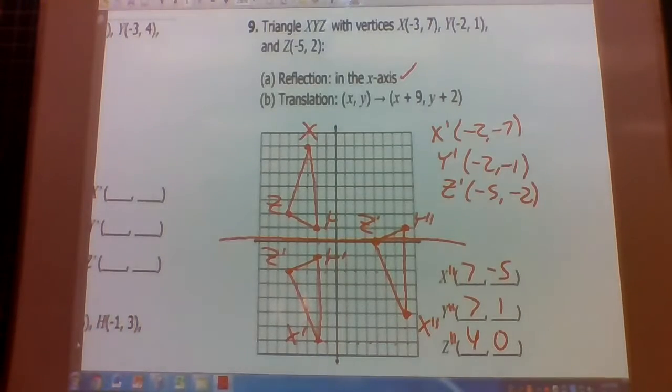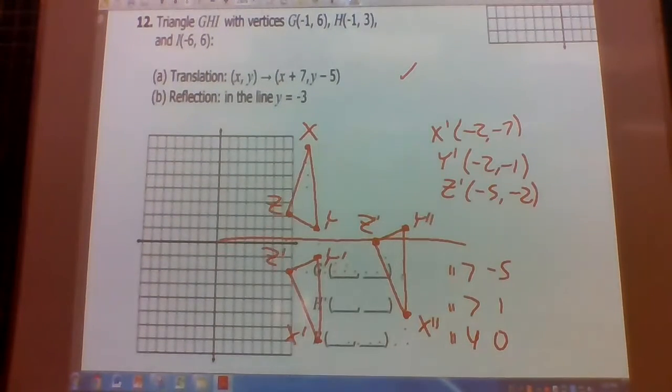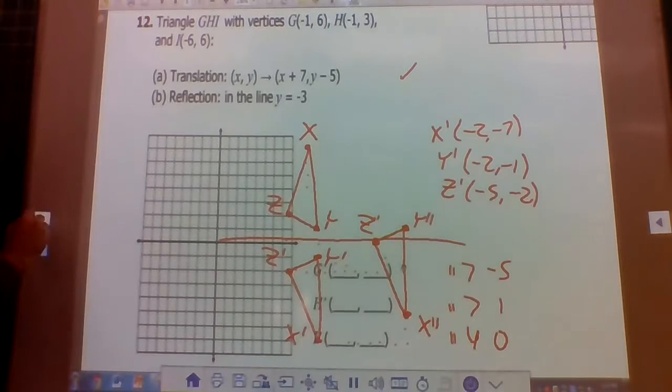And then here is the last problem we have. So again, it's a triangle. So we want to graph a triangle with these points.